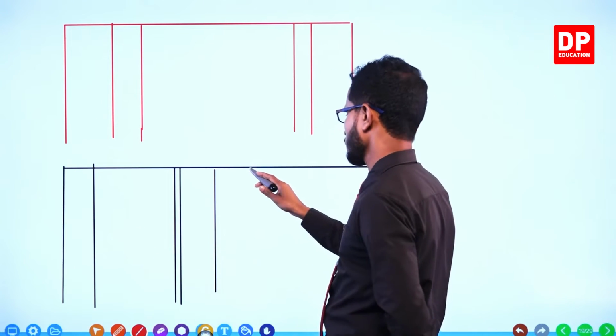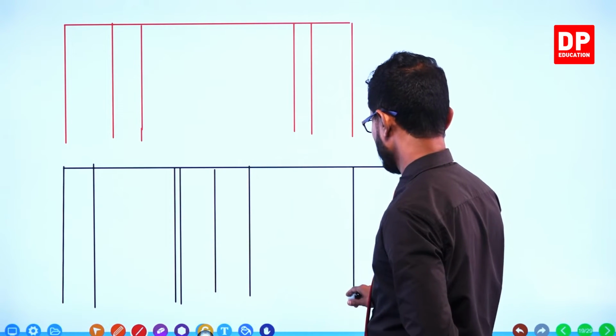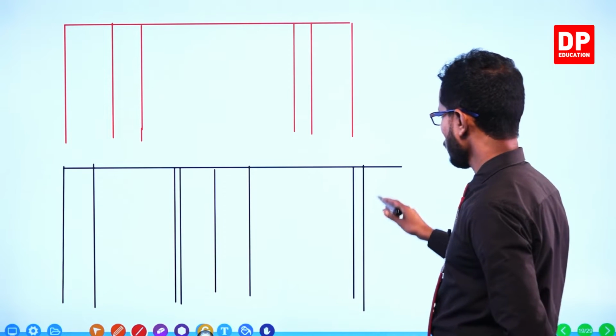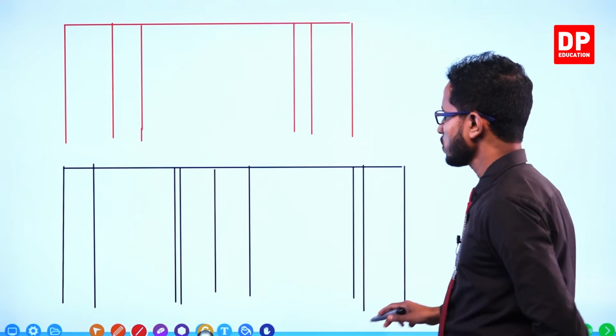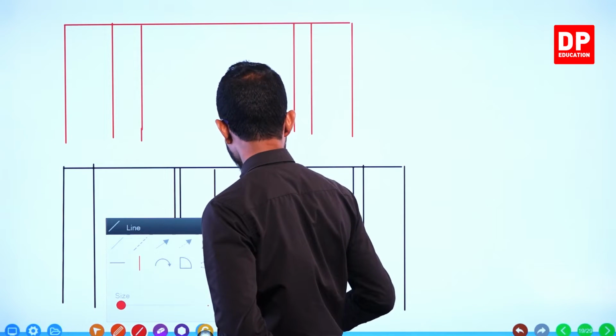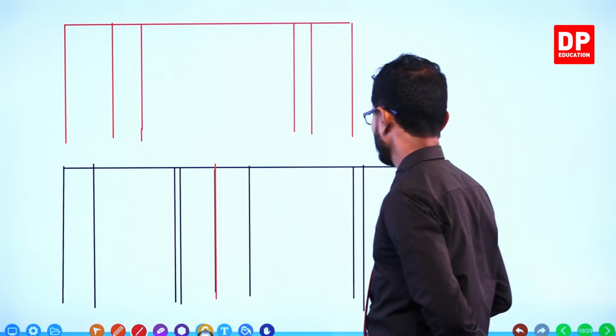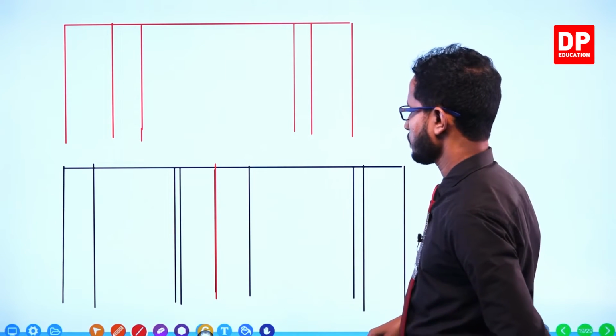A ledger page column can also be drawn, but it is not very useful, and we are not using it now. This is the center line.